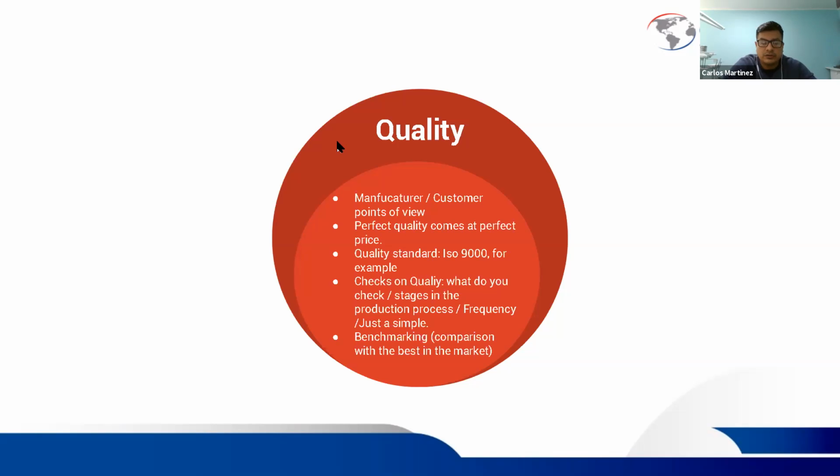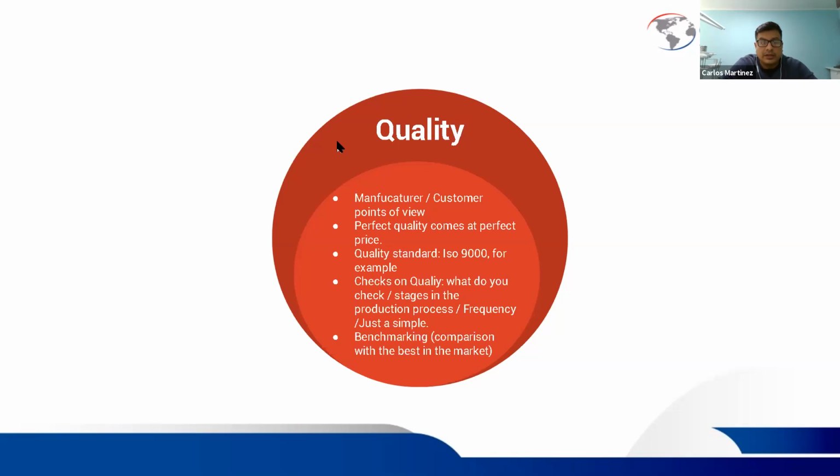Of course, the manufacturer sells a product that he thinks has the necessary quality. Second, perfect quality comes at a perfect price. We can't expect to receive quality and have it be cheap. That doesn't work out. Cheap products will normally have cheap quality.